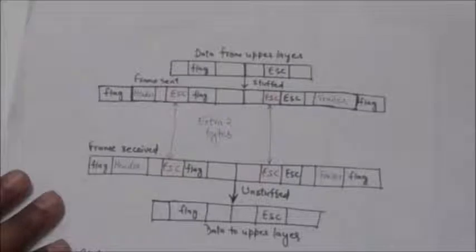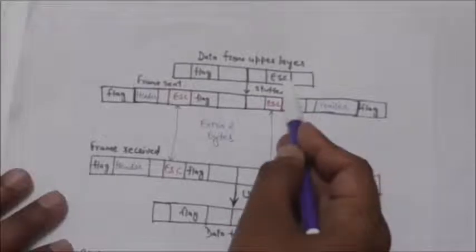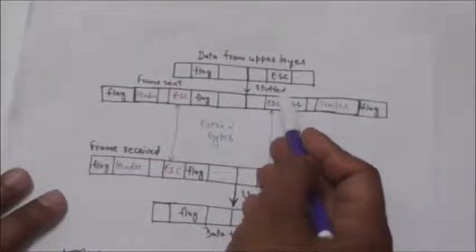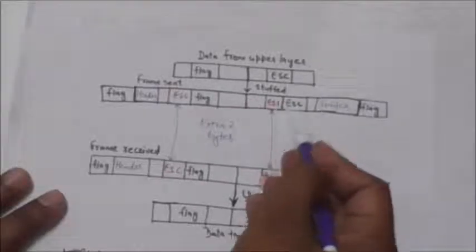Now what happens if the text contains one or more escape characters? Then they must also be marked by another escape character. In other words, if the escape character is part of the text, then an extra escape character is added to show that the second one is part of the text, as you can see in this figure.